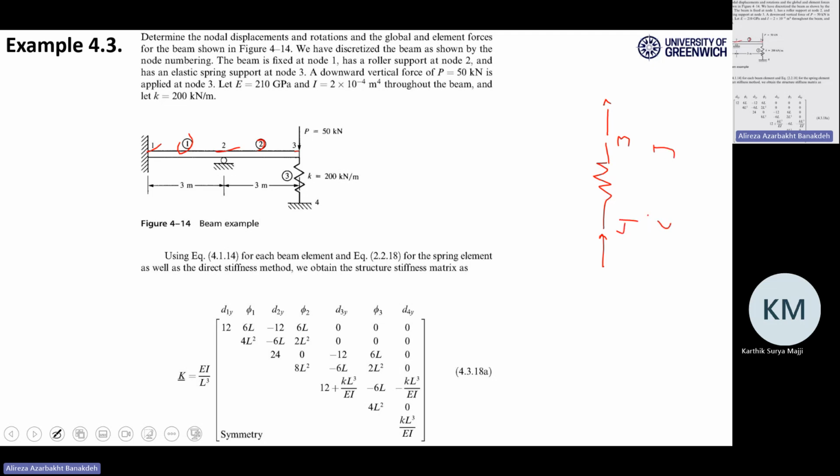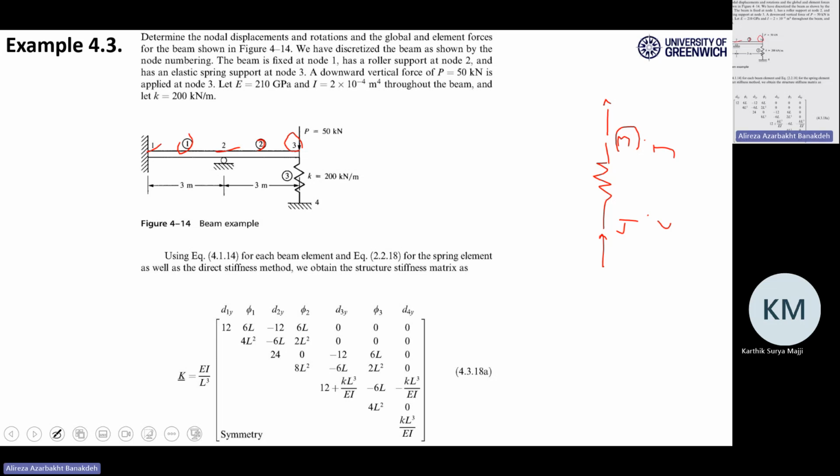This is I, this is J. The node number 3 at the top of your spring is exactly the end of beam number 2, which connects nodes 2 to 3. Because they are welded together, they move together in the vertical direction, right? That's why I'm naming this node number 3 as the same, because they are connected together. The top of your spring is connected to the end of beam number 2.